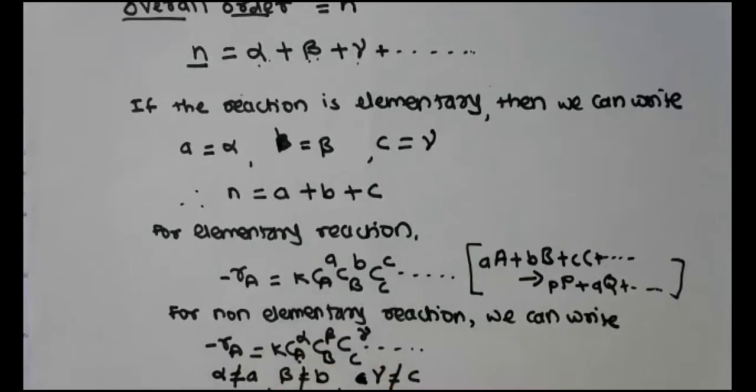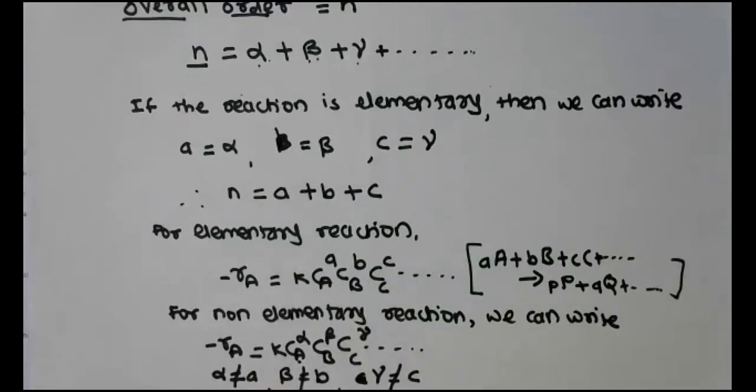The concentration is that of reactant A at that time, of reactant B at that time, and of C at that time. At that time means the time at which the rate of reaction is measured, right?